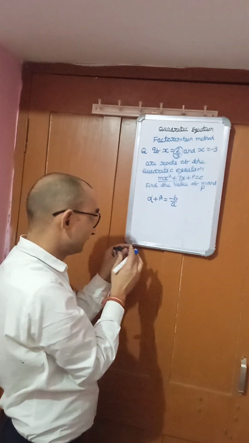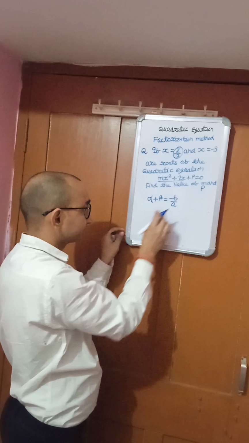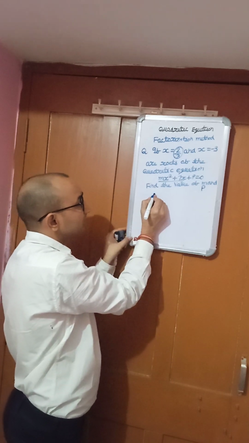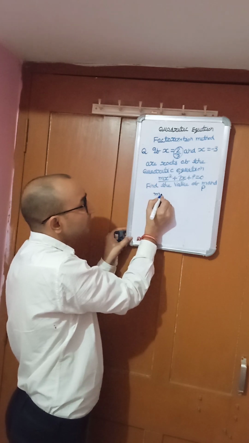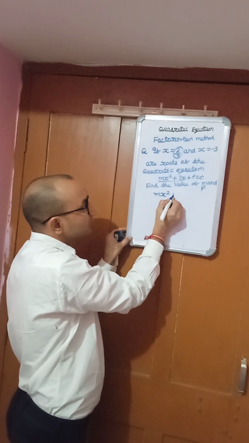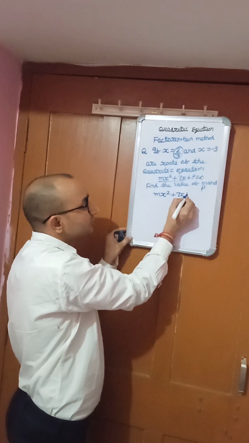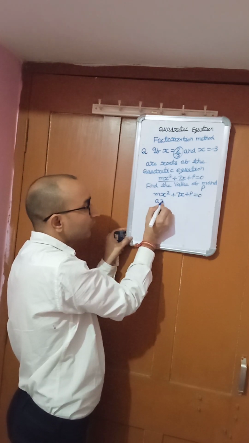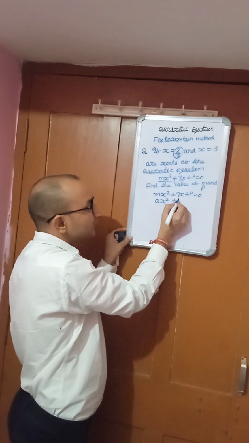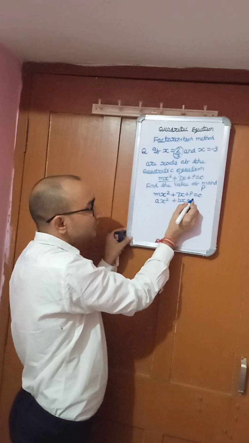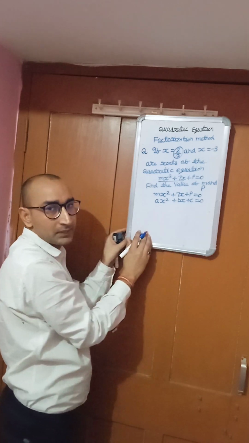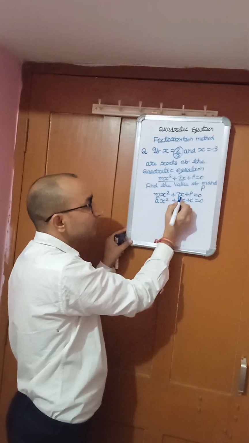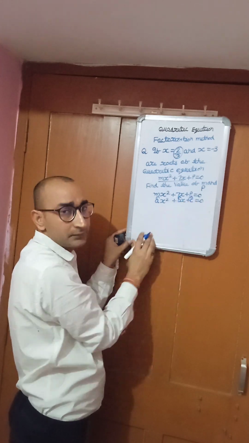Before this I want to explain that, see here, this is mx square plus 7x plus p equals to 0. If we compare with ax square plus bx plus c equals to 0, then the value of a is m here, value of b is 7 here, and value of c is p here.